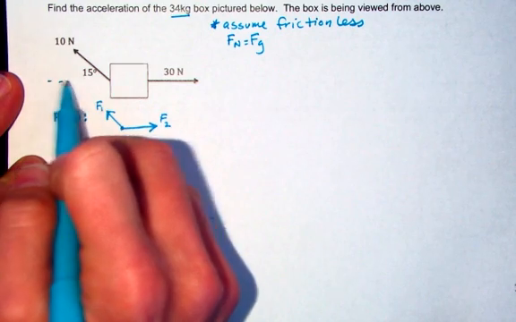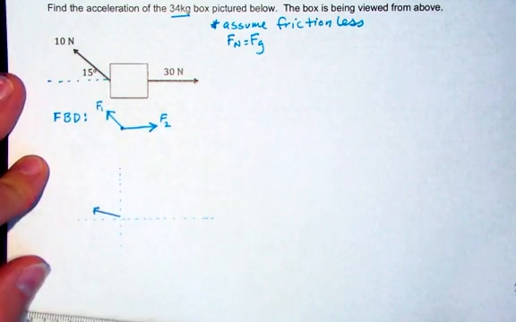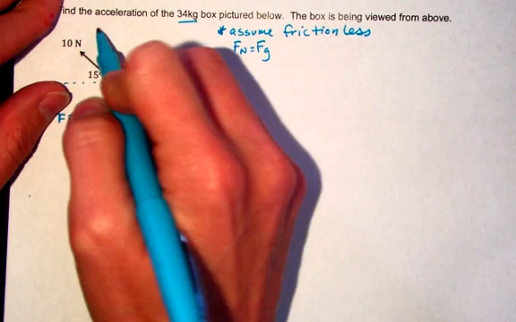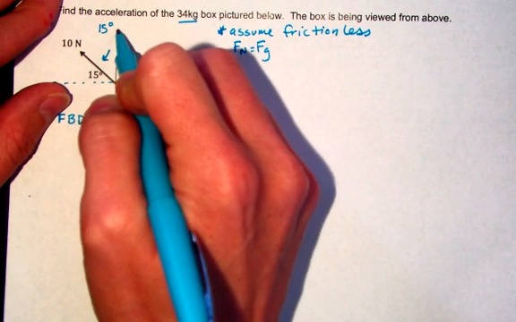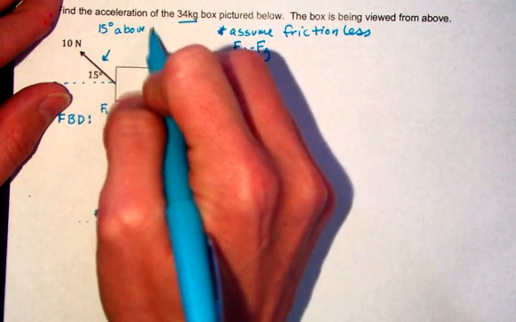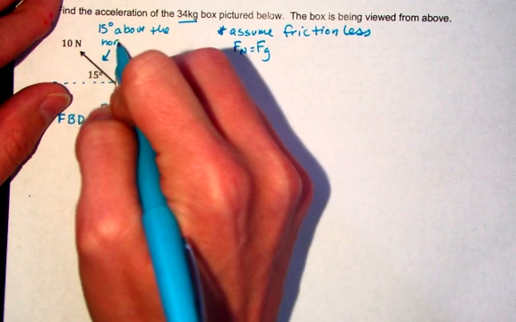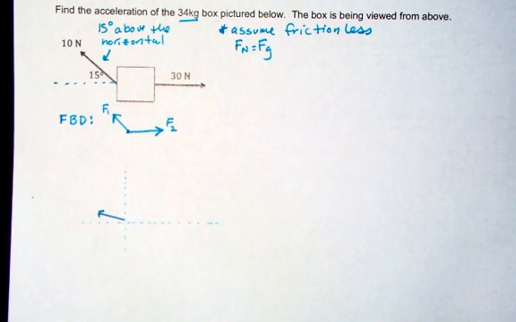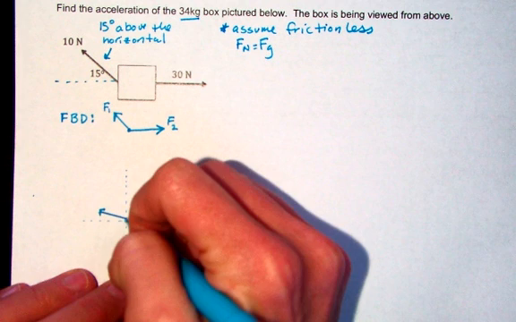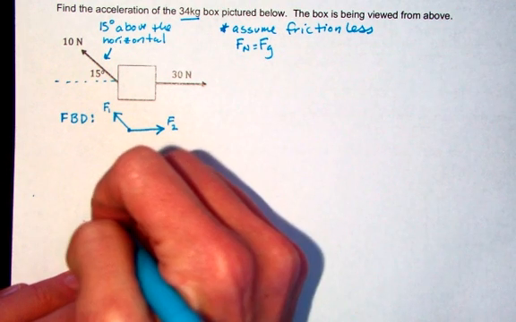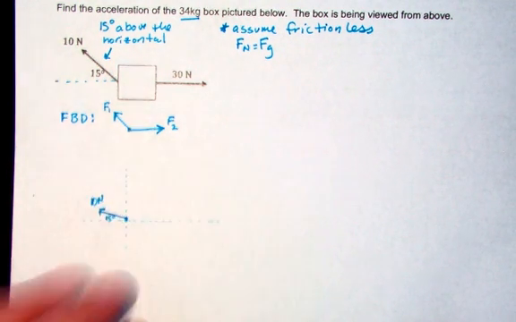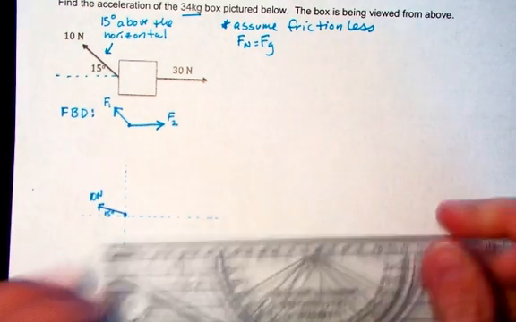You can go ahead and assume that's another assumption, that it's 15 degrees above the horizontal. Okay, so we have our first force here, and that's 10 newtons. This is 15 degrees. And then our other force is 30 newtons.